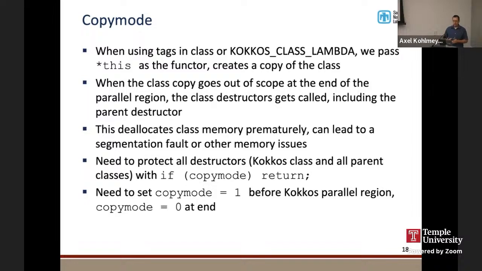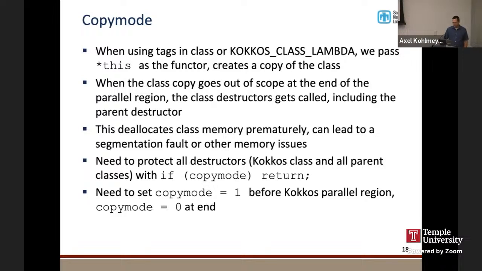The parent destructor often has memory, like the per atom arrays. And so then it tries to deallocate this class memory prematurely. That can lead to a segmentation fault or memory leaks or a host of issues. The way that we deal with this is we protect all the destructors with a statement, if copy mode return, and then we set copy mode to 1 just before a parallel region in Kokkos, and then set it to 0 at the end of a parallel region so that we don't leak memory.